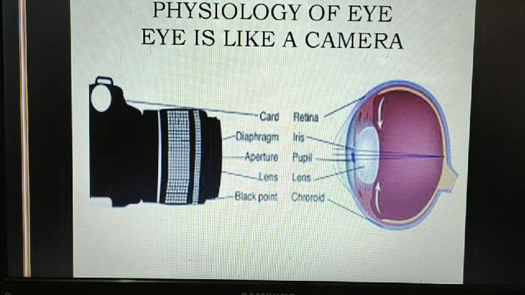The brain turns the image right side up and turns the image around so that we can see them as they are and not upside down and reversed.